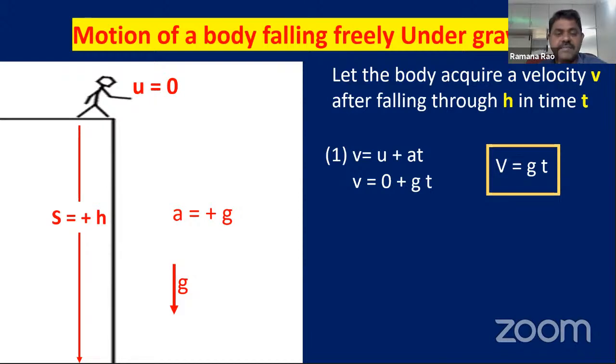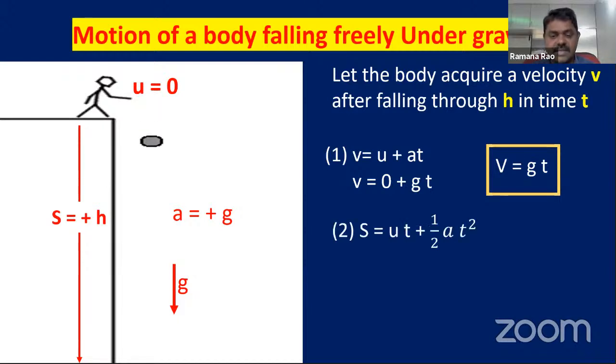After 1 second, velocity will be 9.8. After 2 seconds, again 9.8 plus 9.8, that is 19.6. Like that, for every 1 second, the velocity increases by 9.8 meter per second. That's why acceleration due to gravity is 9.8 meter per second square.